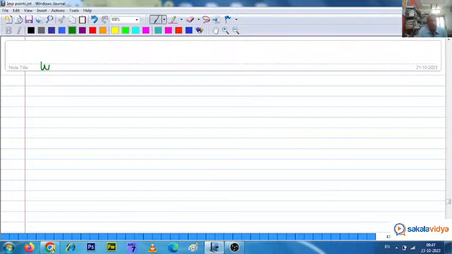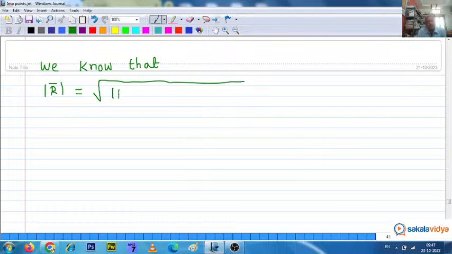So we know that modulus of R bar is equal to root of mod P bar square plus mod Q bar square plus 2 times mod P bar mod Q bar cos theta.